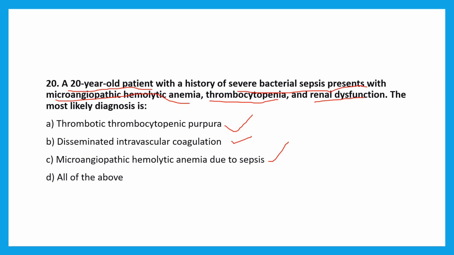Have you seen how TTP has qualified here? In this context, sepsis itself is the most likely underlying cause of the disseminated intravascular coagulation. Therefore, we are saying that all of the above are the correct choices.